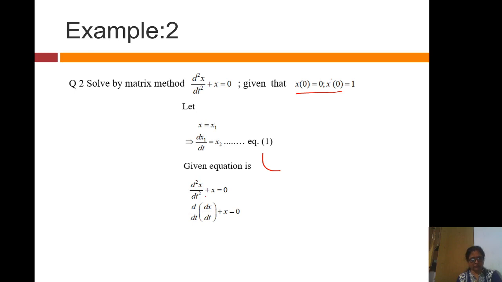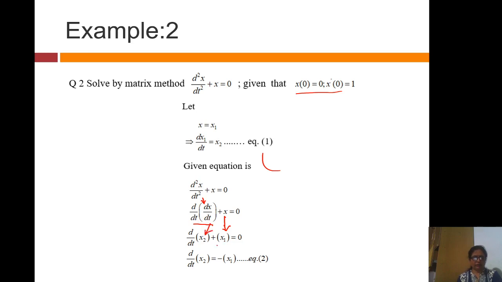The given equation we write down in the form of x1 and x2. For this d2x by dt square, we write down this as d by dt of dx by dt, the second term as it is, and convert it in terms of x1. Therefore, here x equal to x1, then dx by dt is the value of x2.